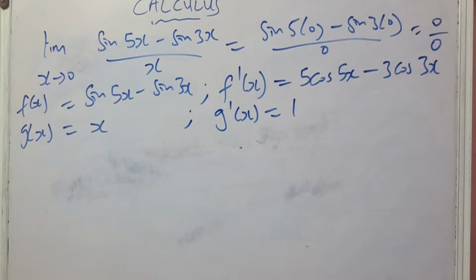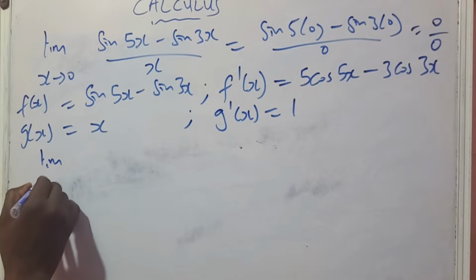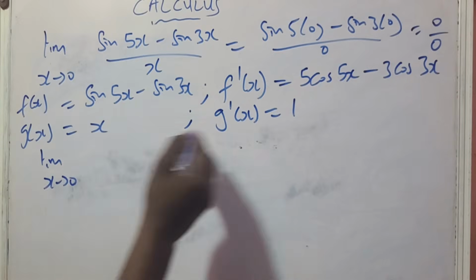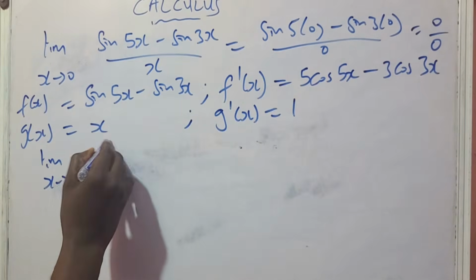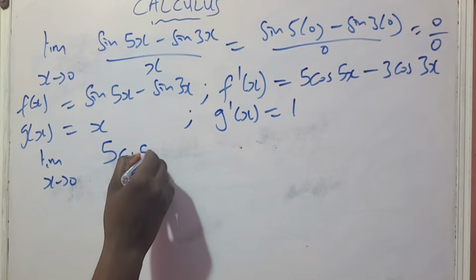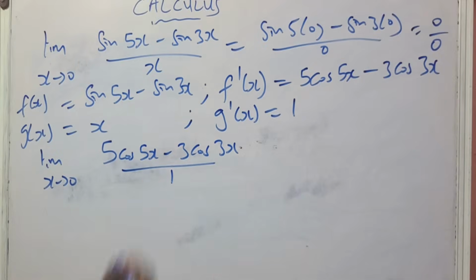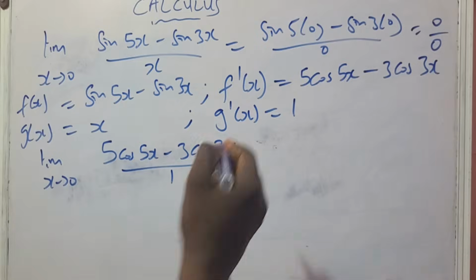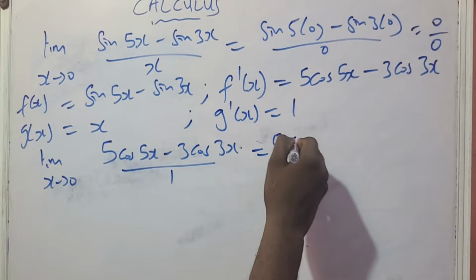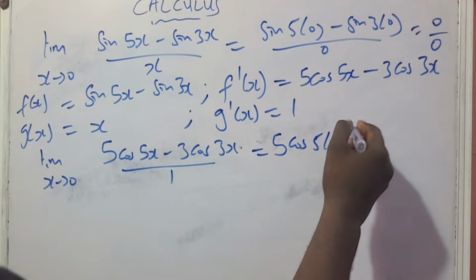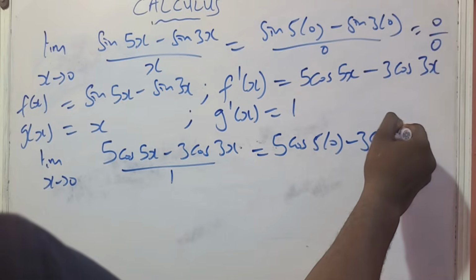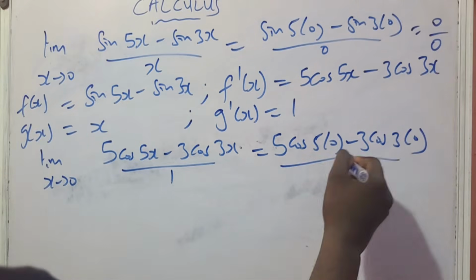So what do we want to do next? We want to go further to now find a limit with these new functions. This is going to be the numerator now. That will be 5 cos 5x minus 3 cos 3x over 1. All right. So we want to fix in the value of x as 0 now into this expression. So let's try and do that quickly. That will be 5 cos 5 times 0 minus 3 cos 3 times 0 over 1.